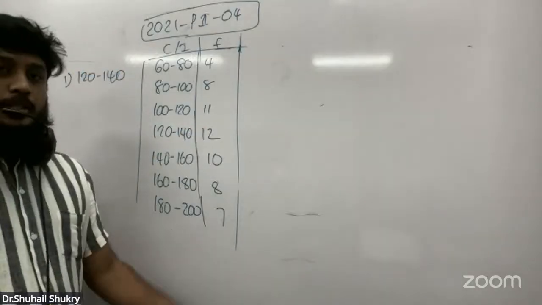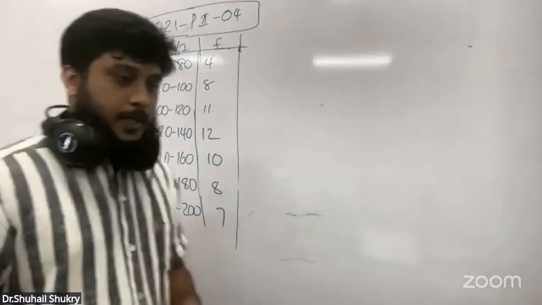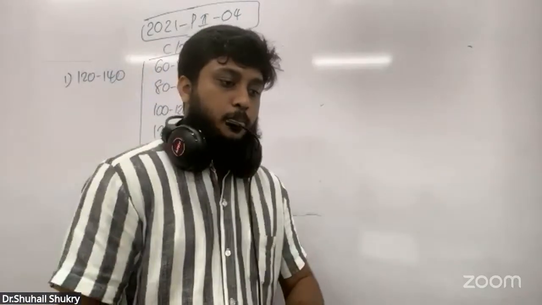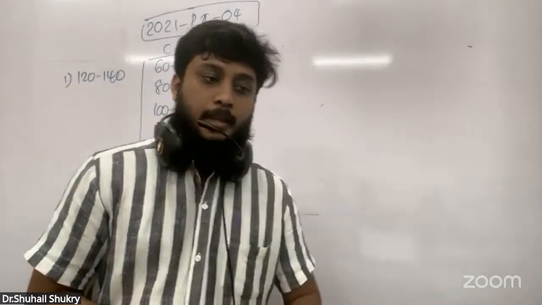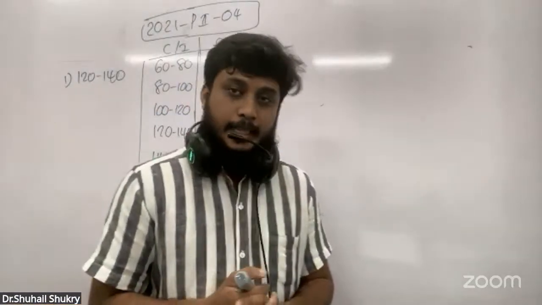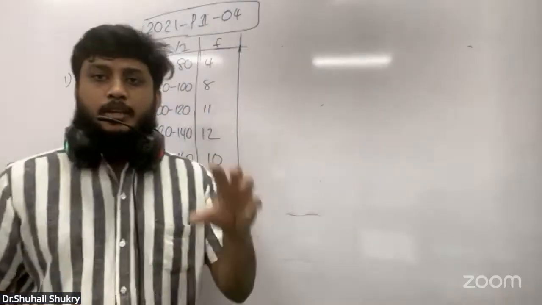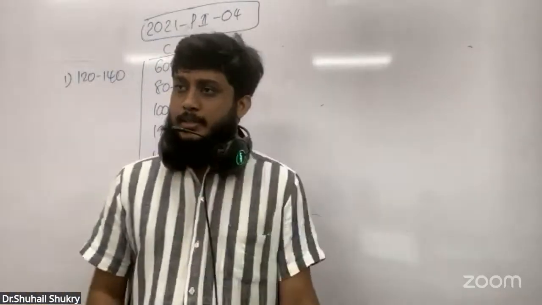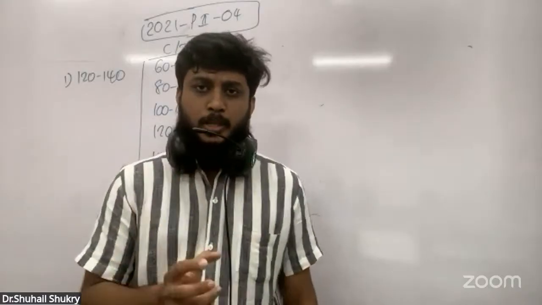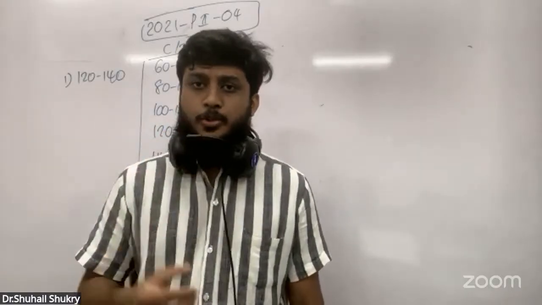Now, for the second question, they have asked: by taking the mid value of the modal class as the assumed mean, find the mean number of units of electricity consumed by a house in a month to the nearest whole number. If you want to find the assumed mean using the modal class, how should you do that?